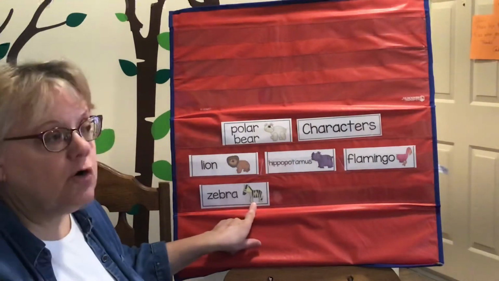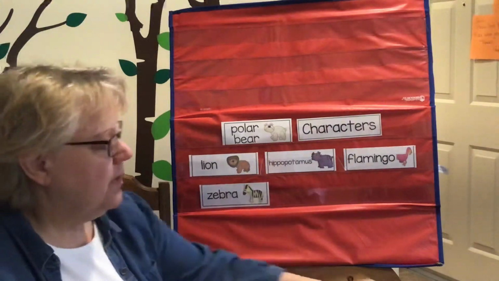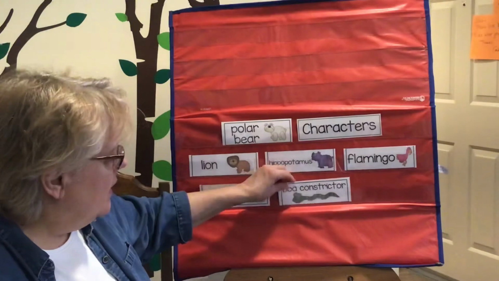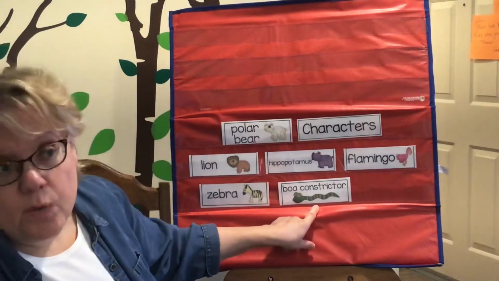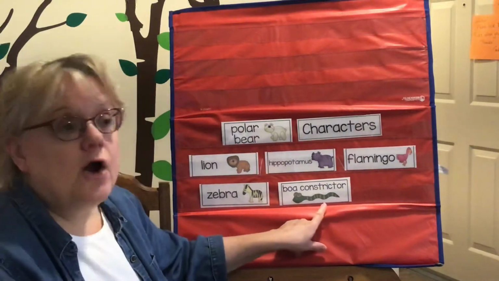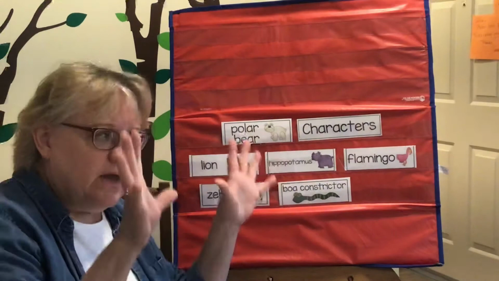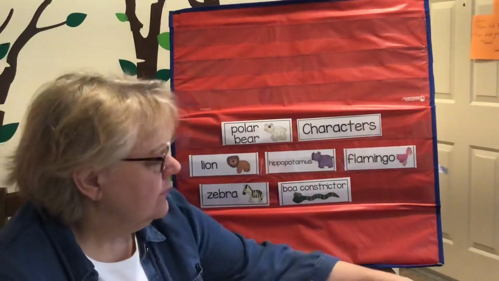And zebras are really white and black, and they have the stripes. You probably recognize a zebra. And the zebra heard a snake called a boa constrictor, and they are green and yellow. They blend into the trees when they are in the trees. So they're green and yellow.